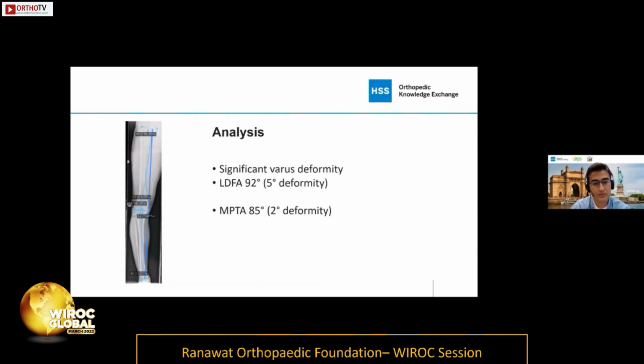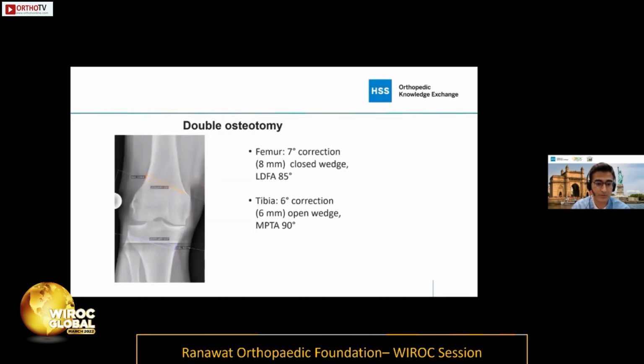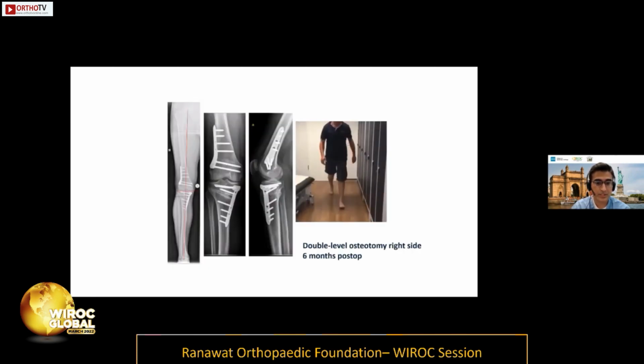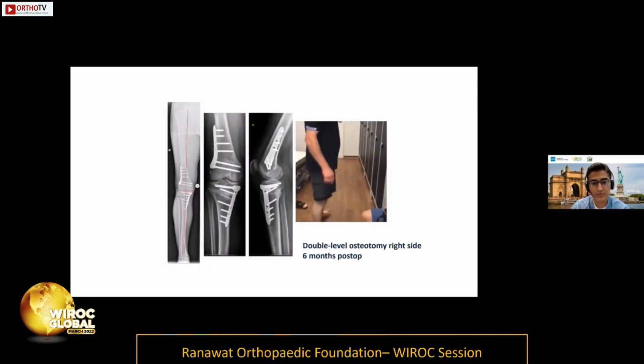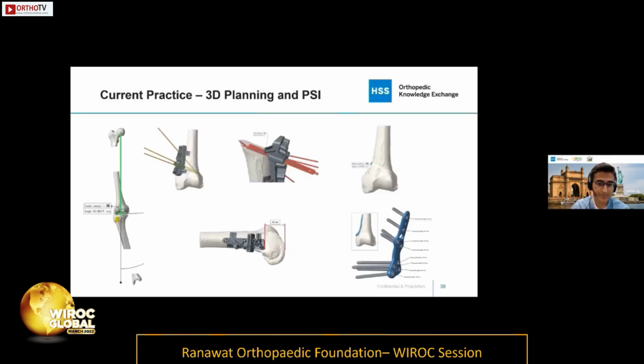So in this case, if you do your planning, the MLDFA is 92, MPTA is 85. So there are metaphyseal deformities in both your bones. So rather than correcting this all through the tibia, which would give you an MPTA of 100 and require a 21 millimeter opening, not to mention the obliquity of the joint line, if you split it with a femoral and tibial correction, what you can achieve is a neutral mechanical axis, a normal joint line, and a happy patient.